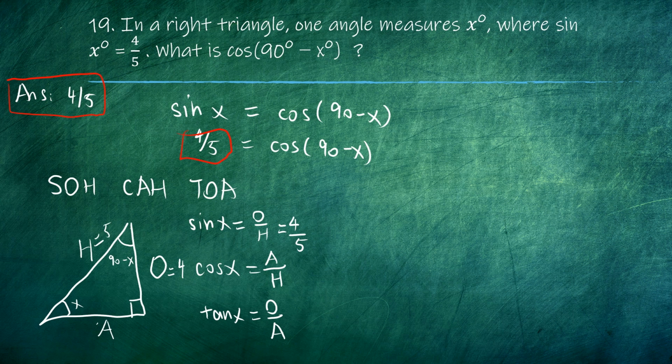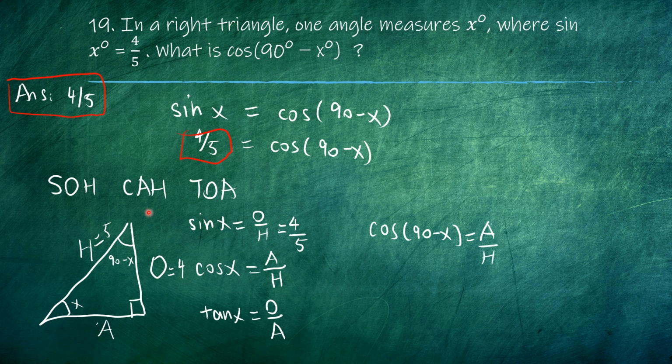So if we want to solve for cosine of this angle here, the complementary angle 90 minus x, remember that is the adjacent over hypotenuse.